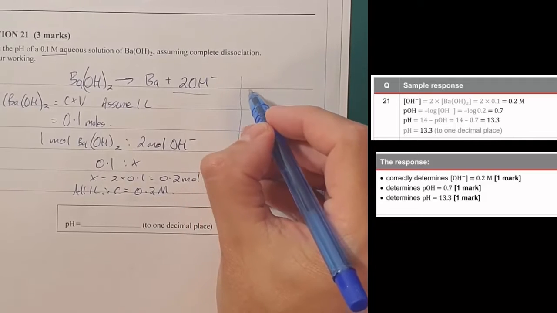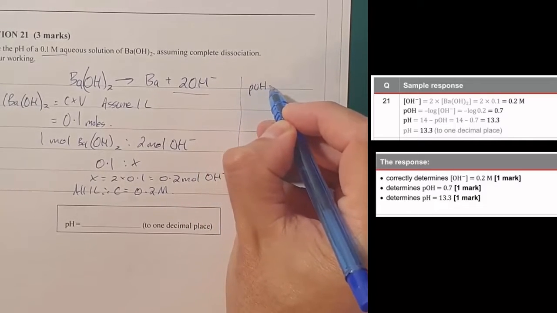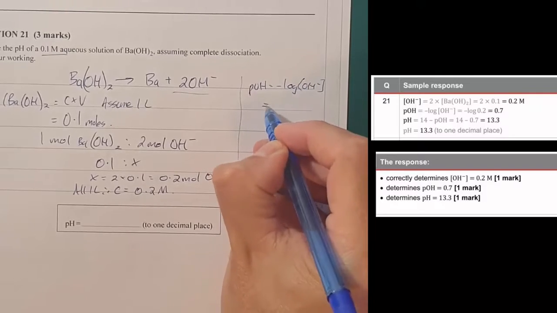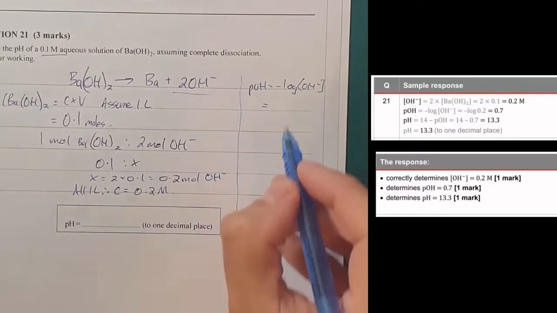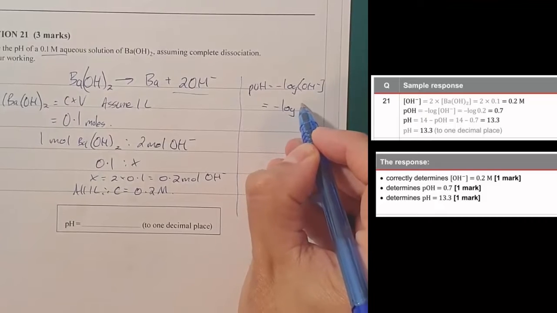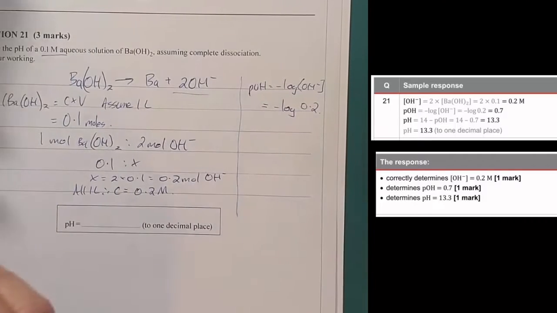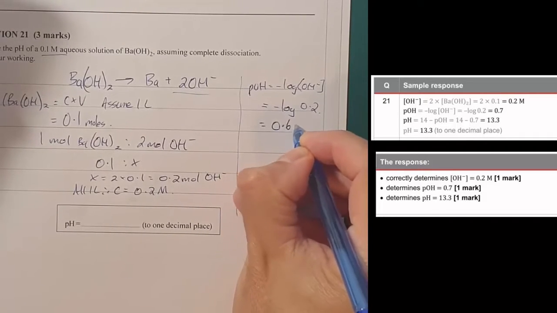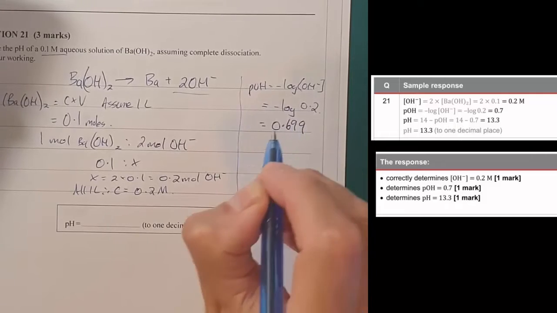Okay, so the pOH equals negative log of the OH minus concentration. So negative log of 0.2. All right, so log 0.2, so that's 0.699.